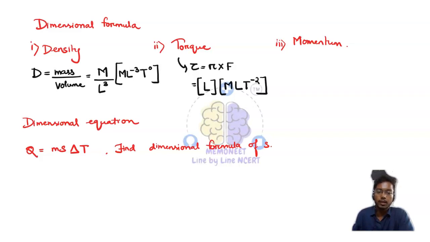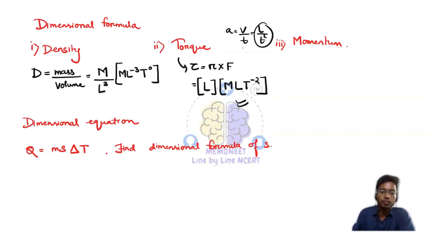We know that acceleration is equal to velocity upon time, and velocity is displacement upon time. So it is L upon T square.